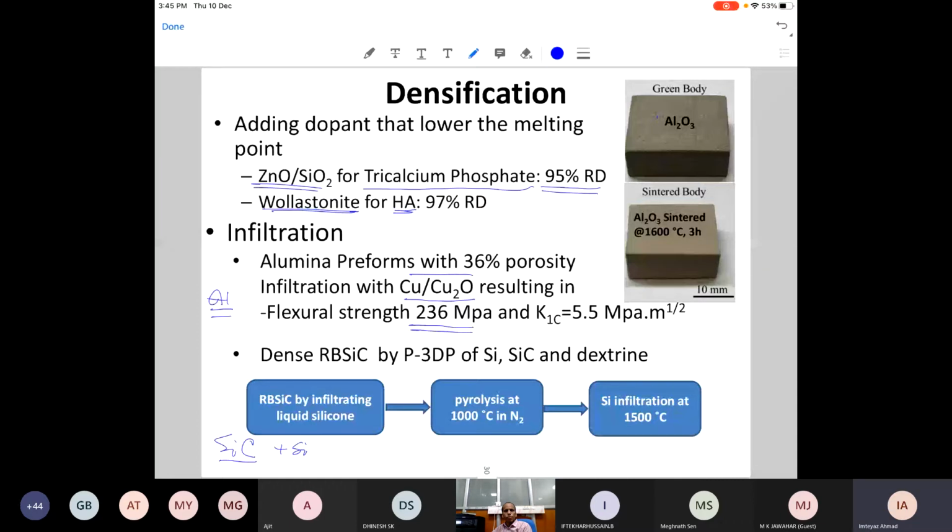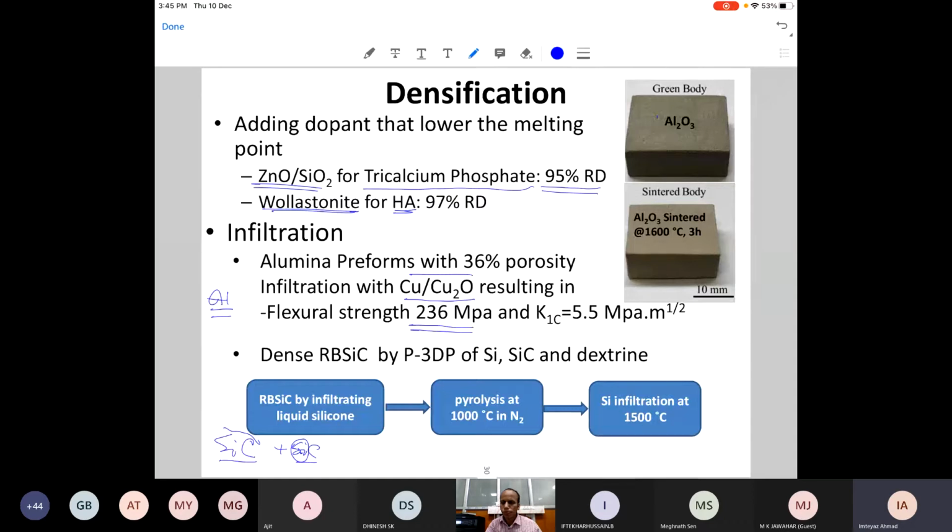So when you heat them in the presence of some carbon forming material, it actually reacts and forms silicon carbide, and silicon actually melts. And it bonds these silicon carbide particles together, and also later on, some part forms silicon carbide also.